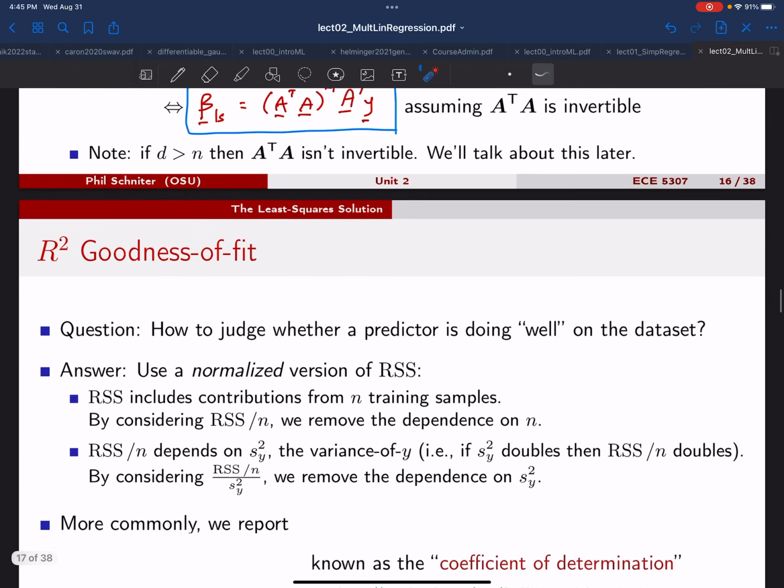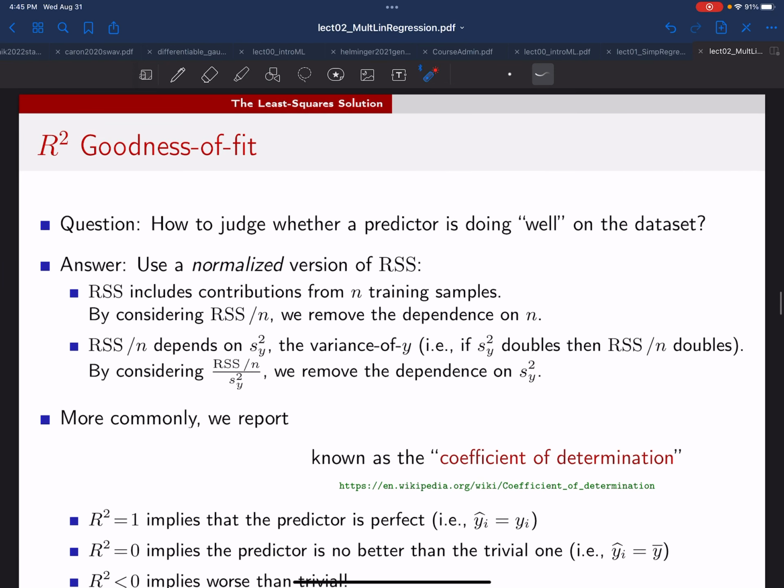Another thing we can do is ask whether we had a good fit or not. Actually, this slide is identical to the one in the previous unit. We have RSS, but the problem with RSS is that it gets bigger if you have more samples. It also gets bigger as the variance of targets Y increases. So we'd like to normalize it by dividing by the number of samples and by the variance of Y, and then you get a normalized quantity that's interpretable.